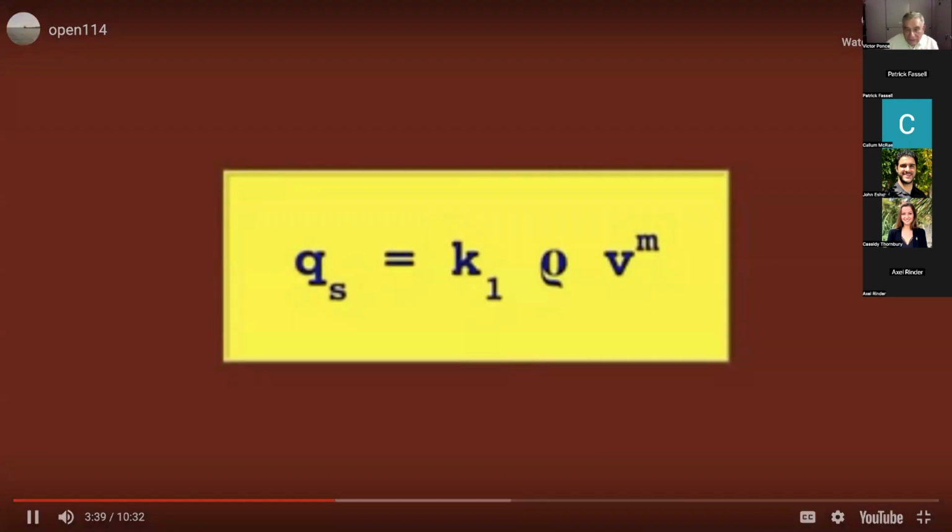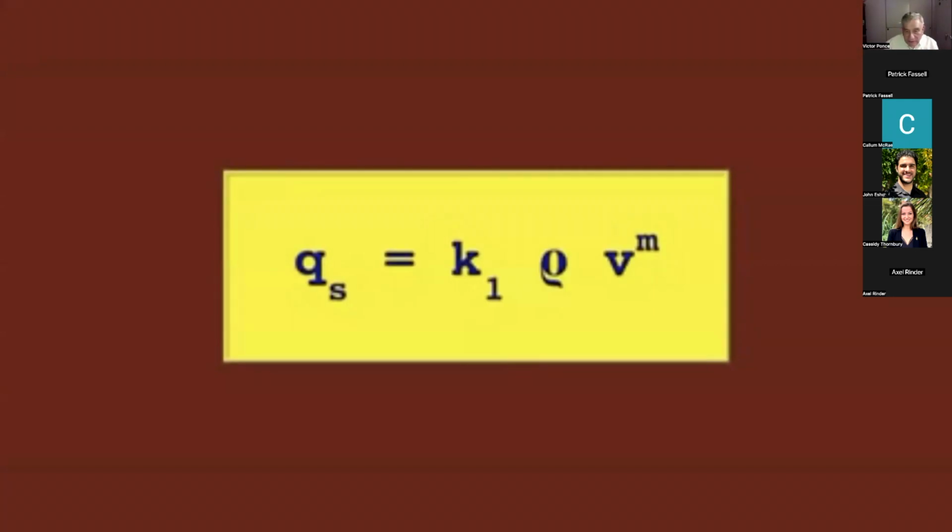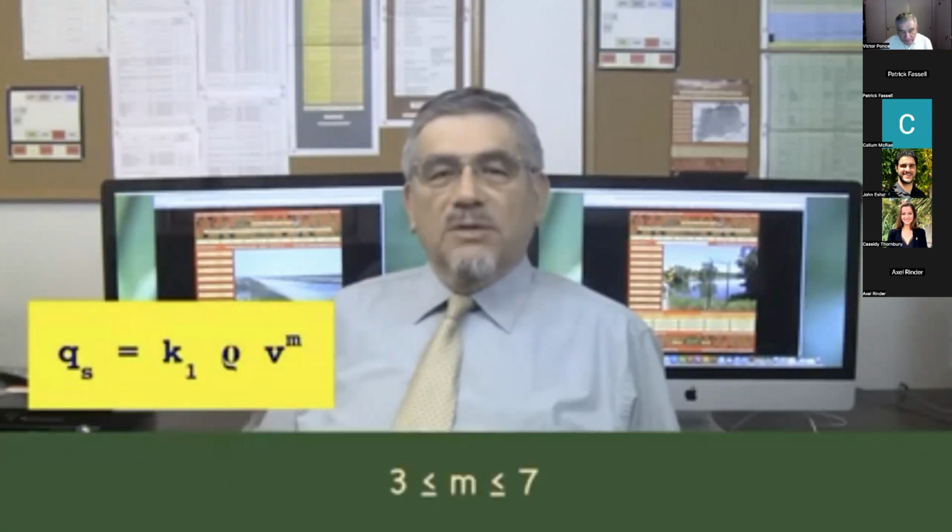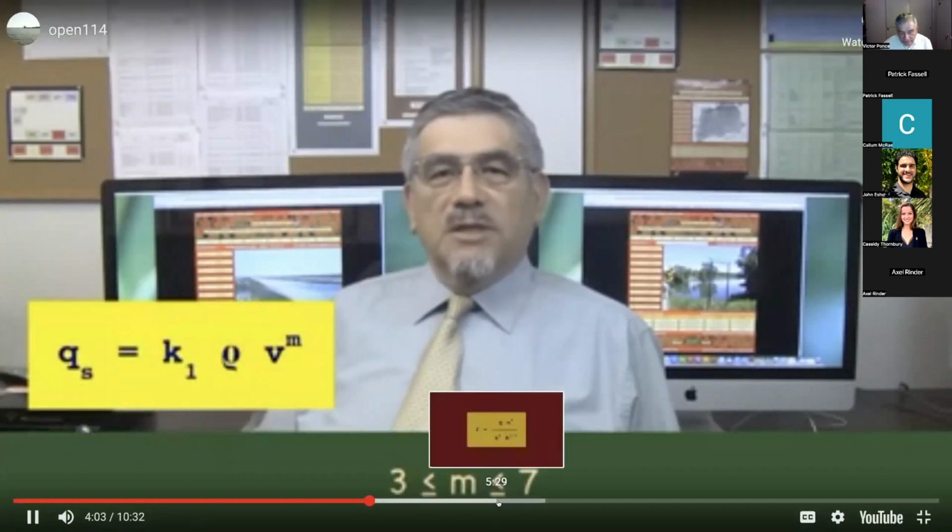The Colby sediment transport formula states the proportionality between unit width sediment discharge and mean velocity, where rho is the mass density of the water, and K sub 1 and m are the coefficient and exponent, respectively, of the power function. In general, the exponent m varies between 3 and 7.